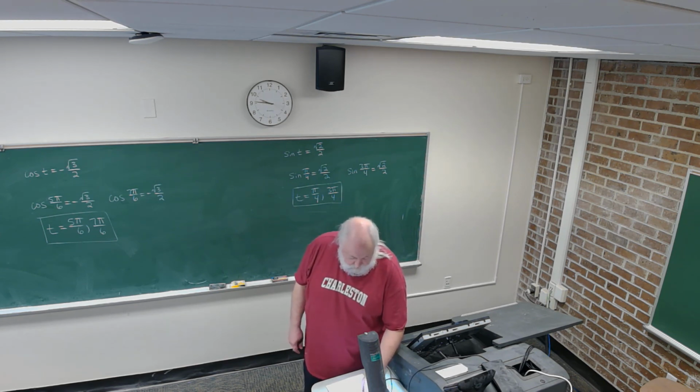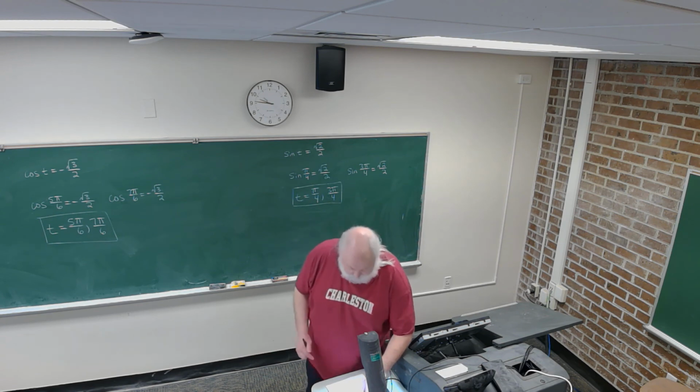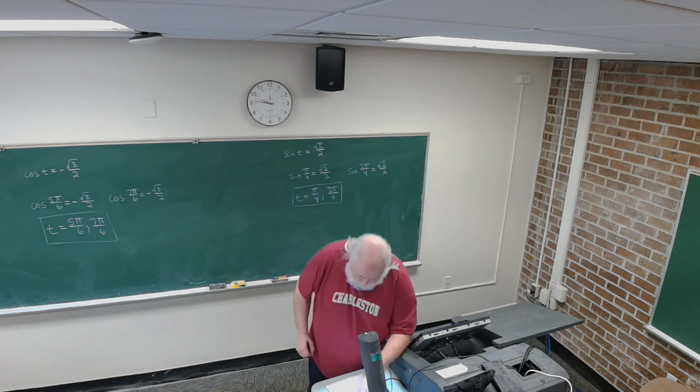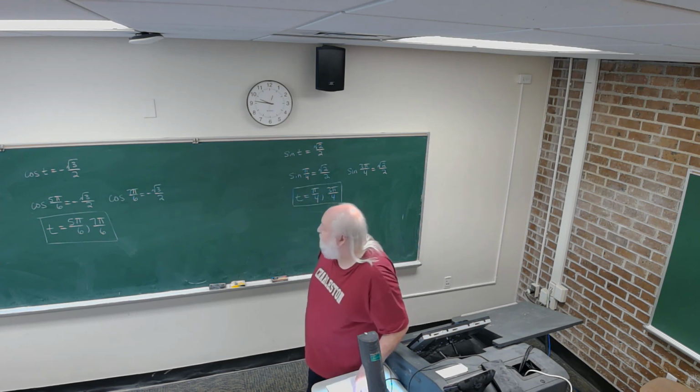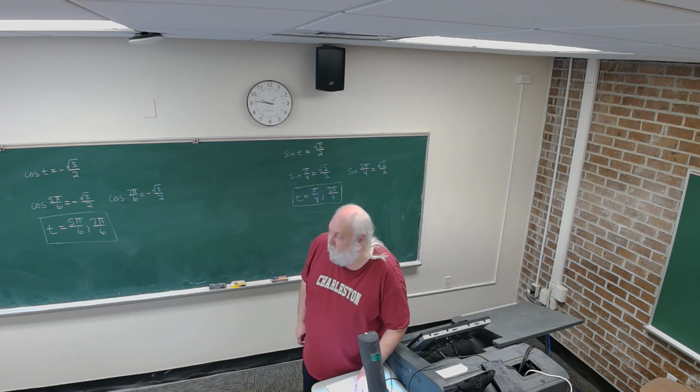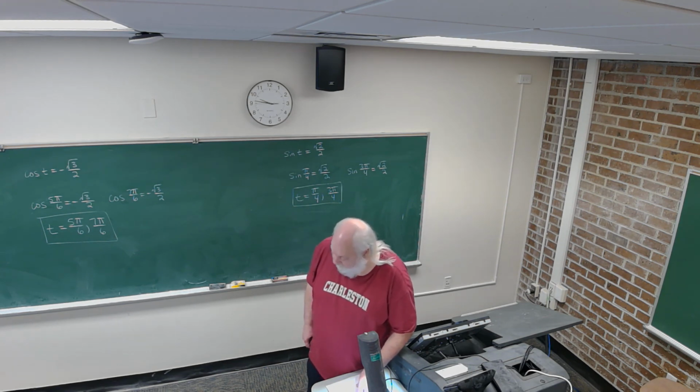The b in the argument here, remember, bx plus c inside parentheses is called the argument. The b inside the parentheses determines the period, how often the graph repeats itself. And so to find the period, we take the number 2 pi and we divide it by b.